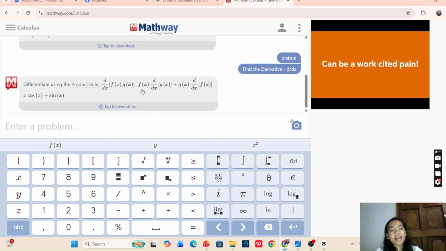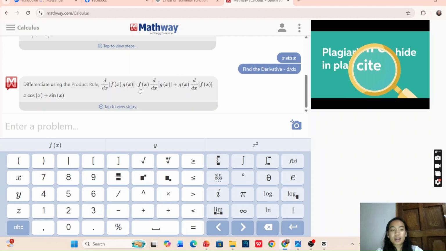That is, f of x times the derivative of g of x plus g of x times the derivative of f of x. So since the given function is x sine x, for the first case, f of x, which is x, will be multiplied to the derivative of g of x, which is cos x, added with our g of x, which is sine x, times the derivative of f of x, which is 1.